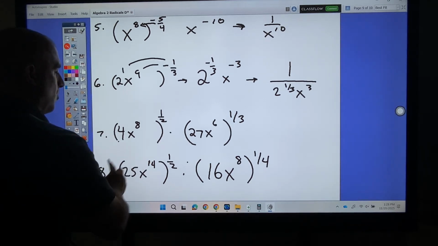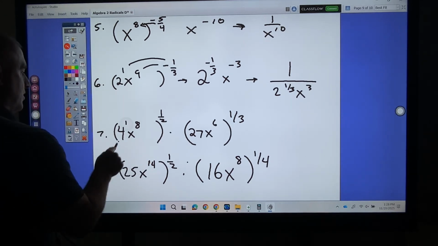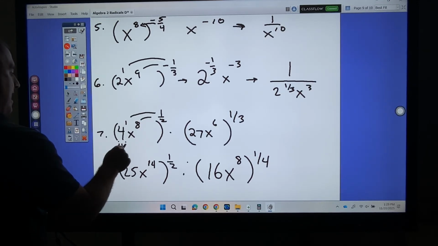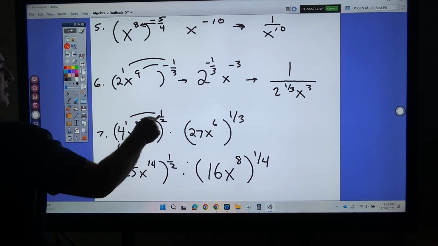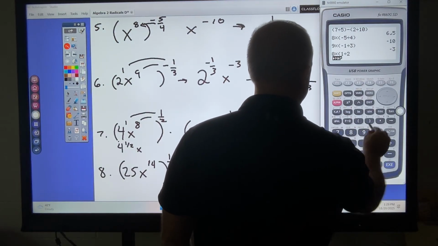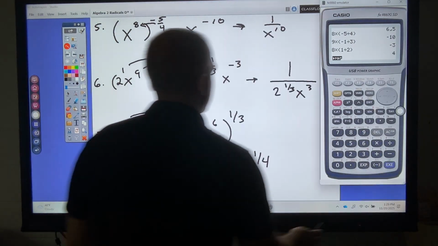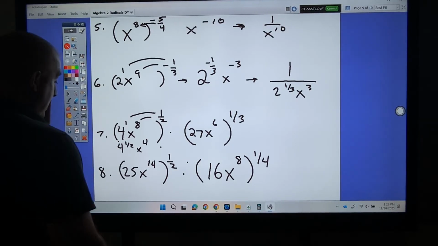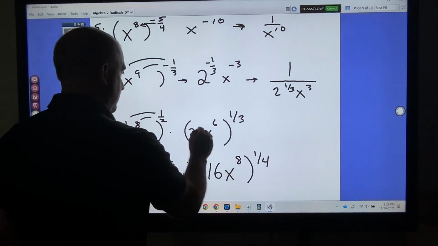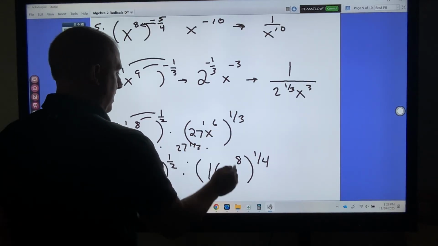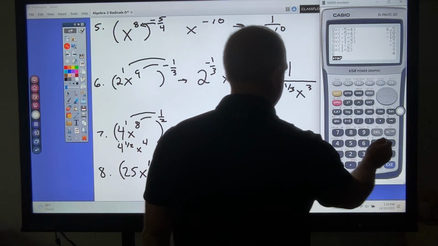Now this one, what I want to do is figure these out individually. So this would be 4 to the 1/2, and x, 8 times 1/2, would be x to the 4th, okay? Times, all right, 27 to the 1/3 times 6 times 1/3.